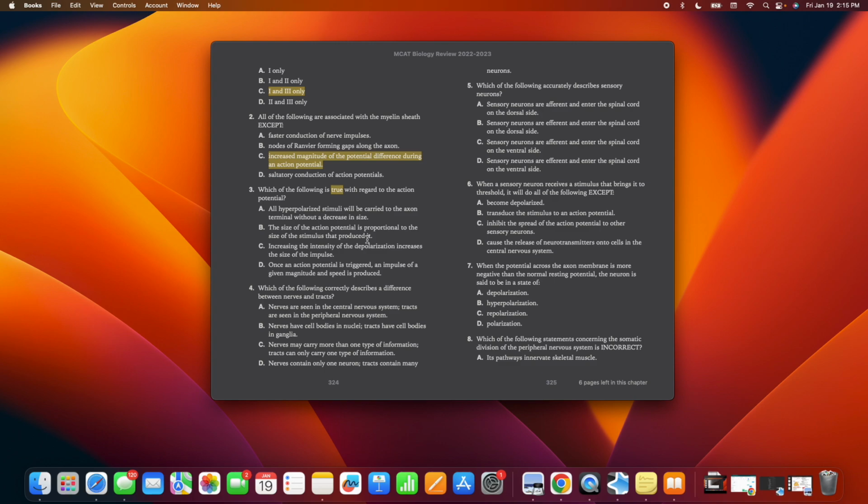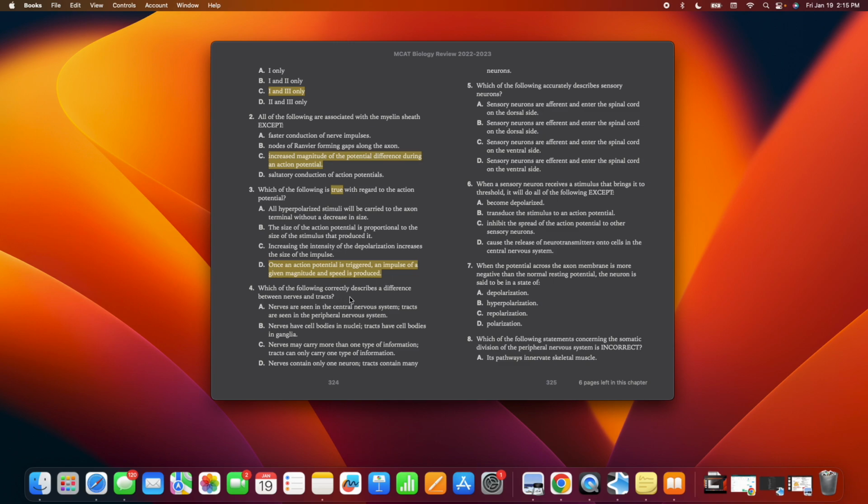That's not true. Increasing the intensity of the depolarization increases the size of the impulse. There's the all or nothing principle. Once an action potential is triggered, an impulse of a given magnitude and speed is produced. That sounds true. So this is the all or nothing principle.